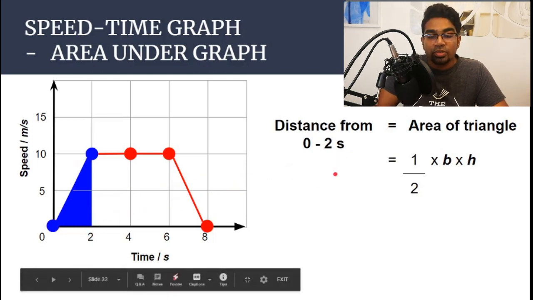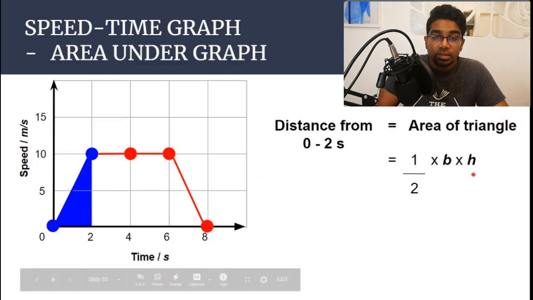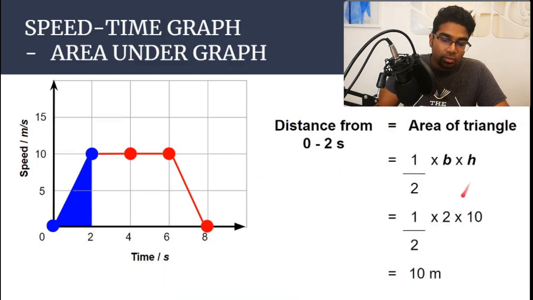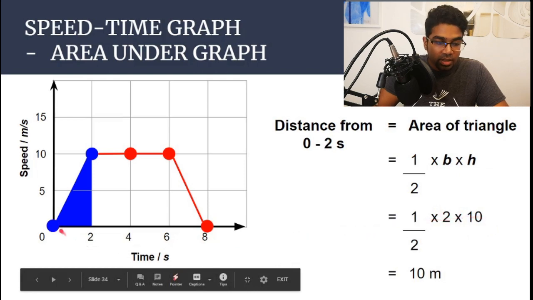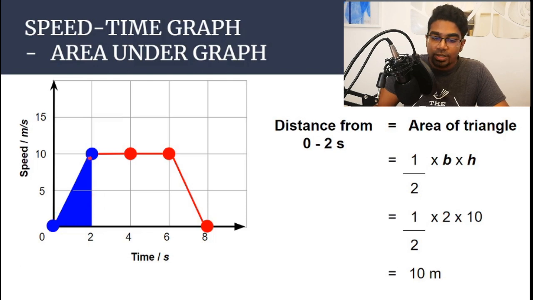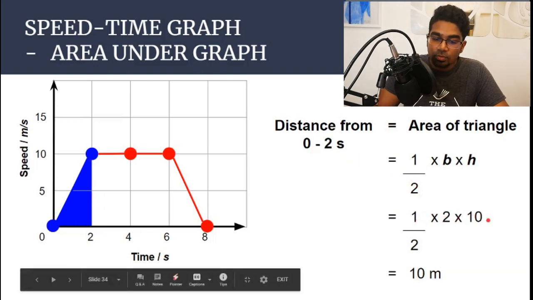The area of the triangle is of course half times base times height. The base from 0 to 2 is 2 units, and the height is 0 to 10, so it is 10 units. So half times 2 times 10 will give us 10 meters. Here the unit is meters because the speed is in meters per second and the time is in seconds.